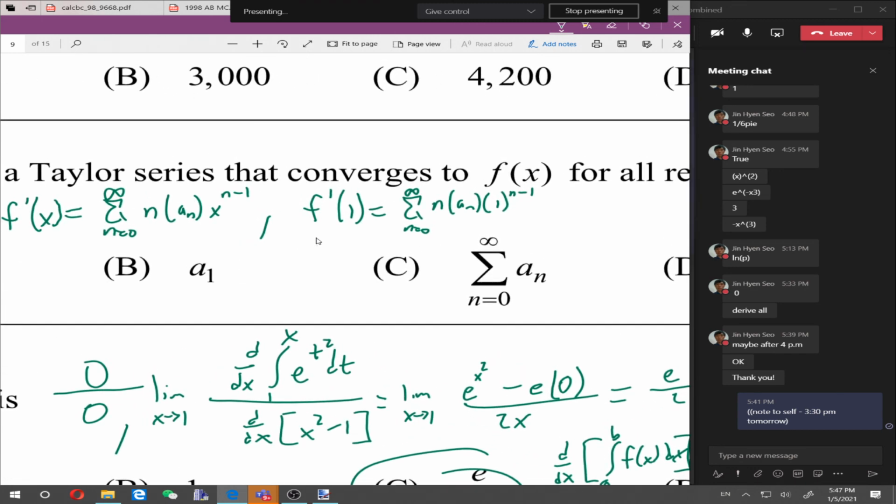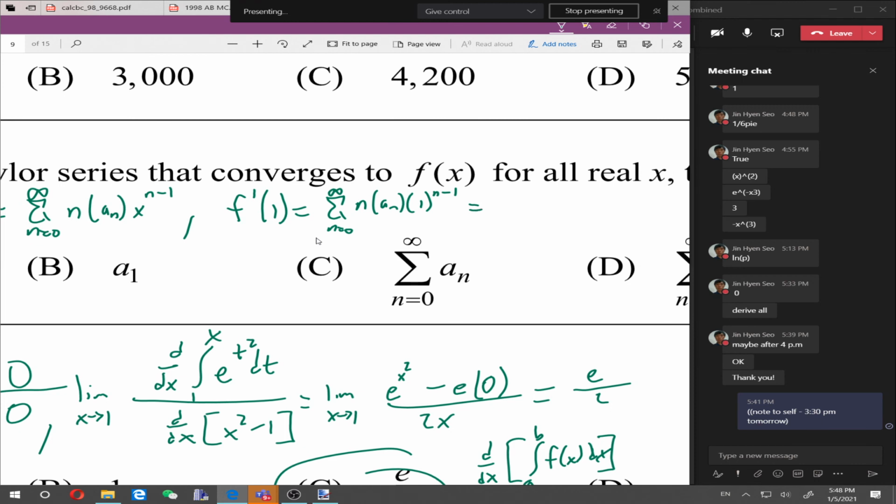It will be 1. Even if the exponent ends up being 0 or negative, it will still ultimately be 1. So when I plug in n equals 0, this will be 1 raised to the negative 1 power, which is 1 over 1, still 1. When it's 0, anything raised to the 0 is 1. When it's anything else, this is still 1. So this is the same thing as the sum from n equals 0 to infinity of n times a_n.